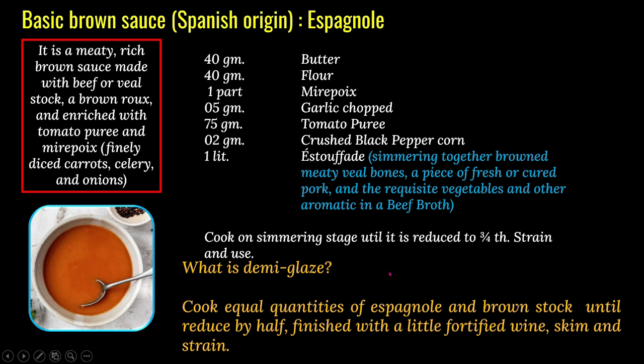That's why it is known as demi-glace. Demi in French means half. It is finished with a fortified wine, then skimmed and strained. Your demi-glace is ready. In one way it is a derivative, and demi-glace is so popular in the world that it is also used for making different derivatives of Espanol.